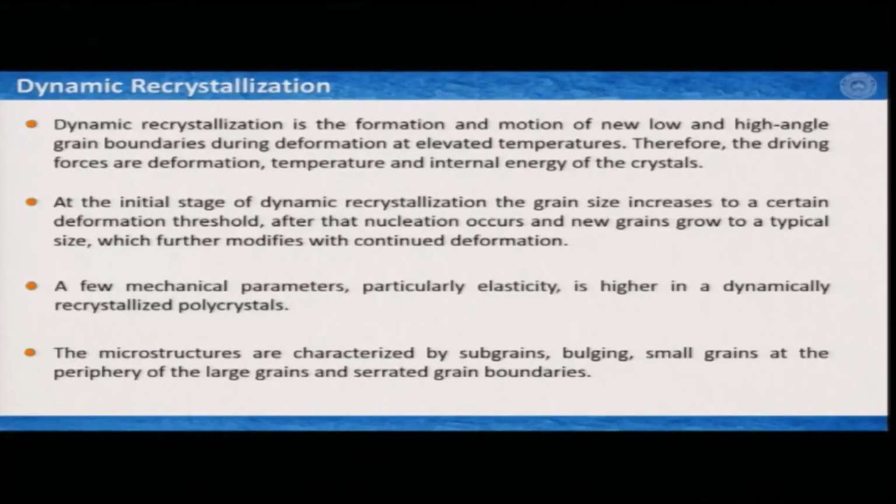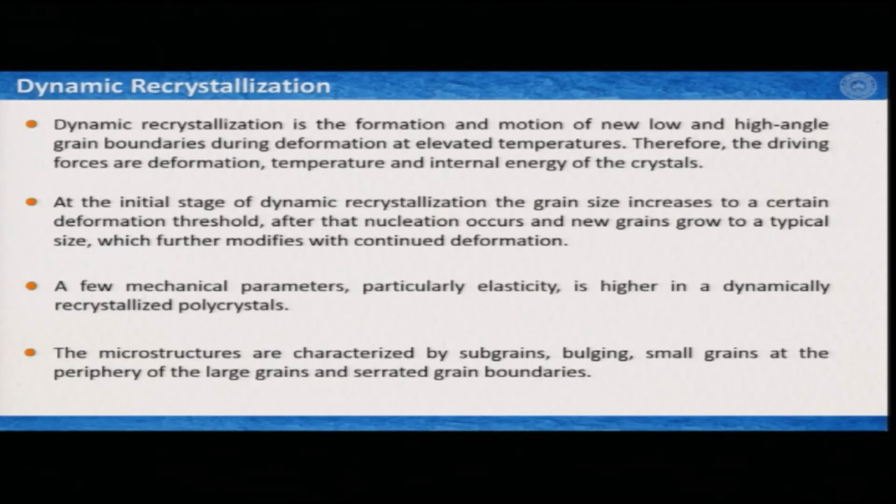Unlike static recrystallization, you have added deformation in dynamic recrystallization. At the initial stage, the grain size slightly increases to a certain deformation threshold, but after that nucleation occurs and the new grains grow to a typical size, which further modifies with continued deformation. This is something very interesting for dynamic recrystallization. We will see this with some images.